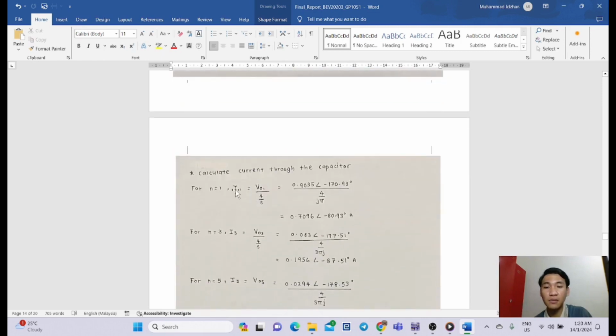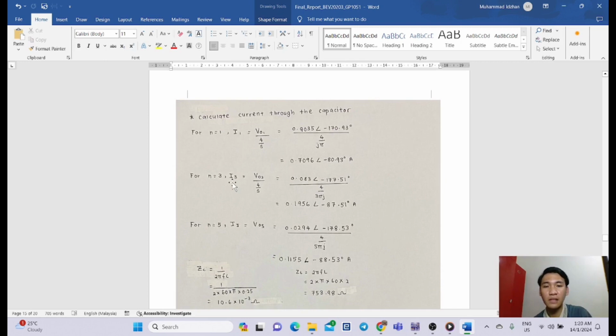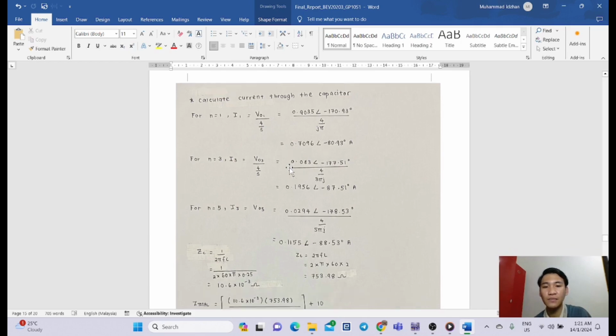And then we can continue to find the current through the capacitor. So we use the formula KCL, which is V over Z. So for N1, I1 equals V out 1 over 4 over S, which is our Z. V out 1 we have calculated, and for S we need to change it with J pi N, and we get the answer for I1 is 0.7096 with the angle negative 80.93 degree.